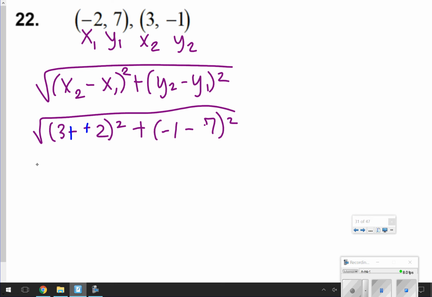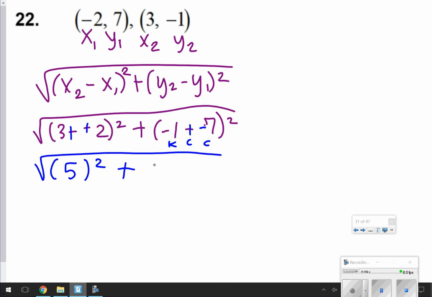Plusing positives, so that's 3 plus positive 2, which is 5. And then over here, keep, change, change again. Negative 1 minus 7 actually means negative 1 plus negative 7. That would give us negative 8 squared. 5 squared is 25.